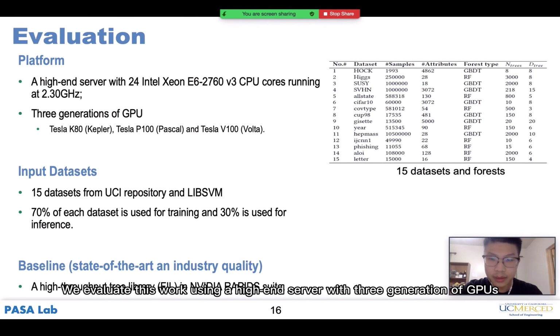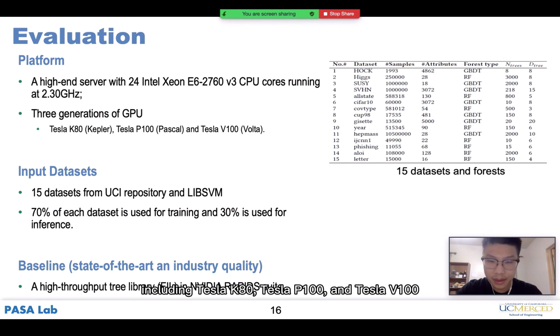We evaluate this work using a high-end server with 3 generations of GPU, including Tesla K80, Tesla P100, and Tesla V100.